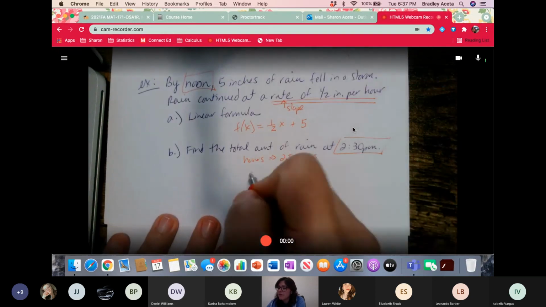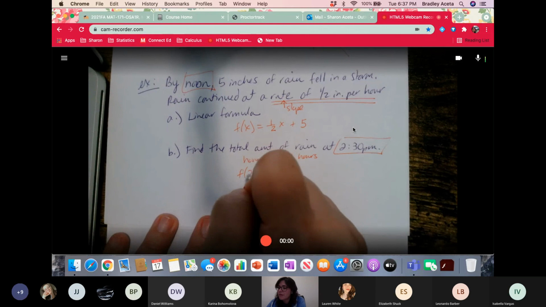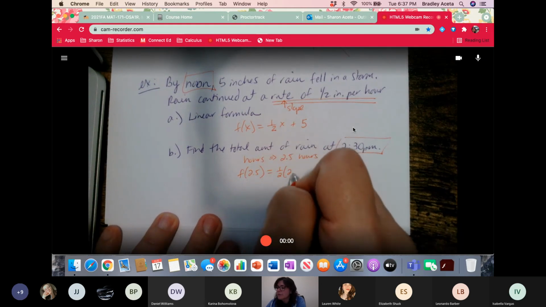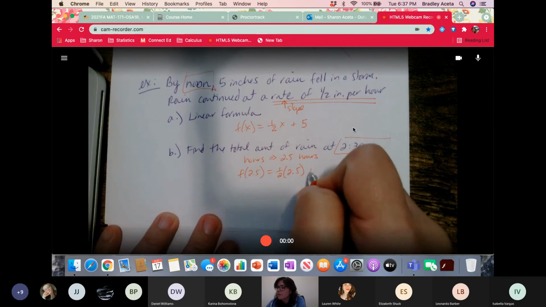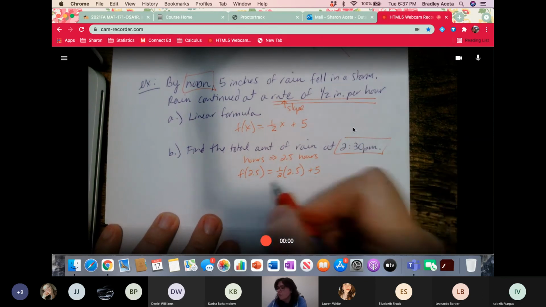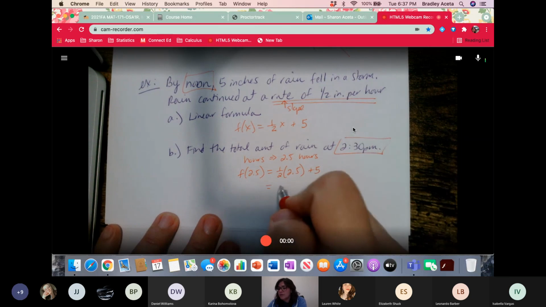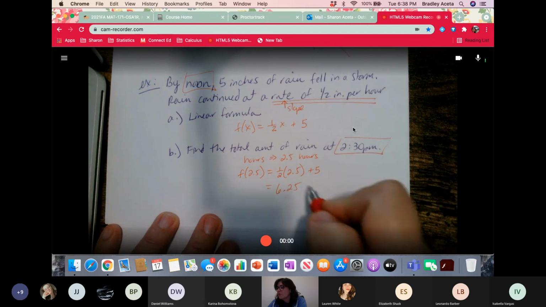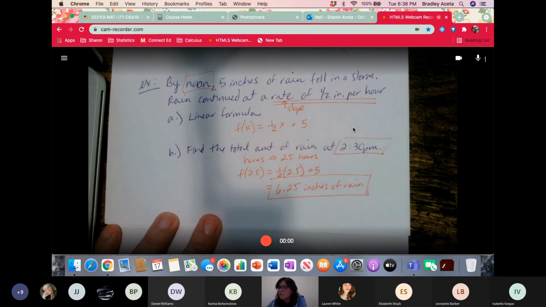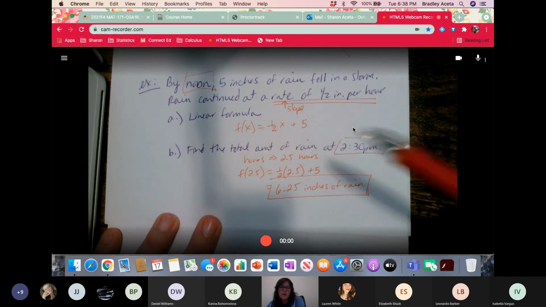So if I plug 2.5 in, f of 2.5 equals 1/2 times 2.5 plus 5. And I believe with the magic of my calculator brain, you get 6.25 inches of rain total at 2:30 p.m. So there's going to be a question like this.